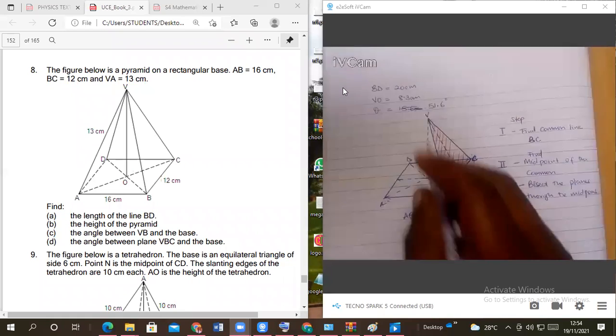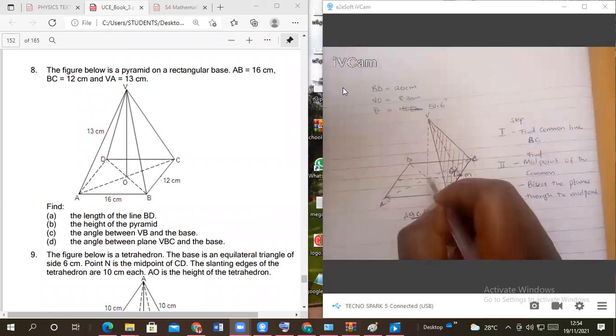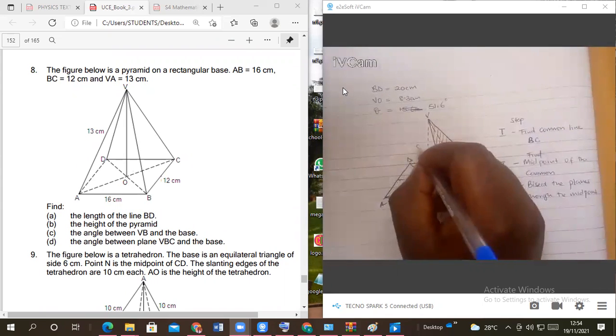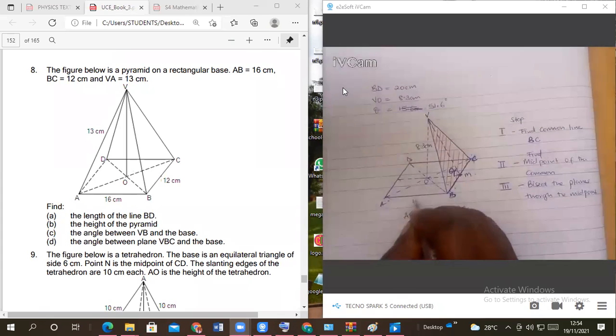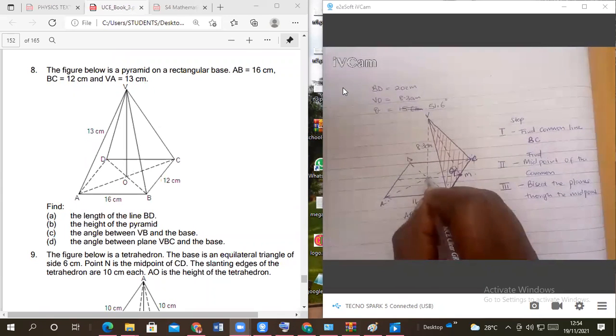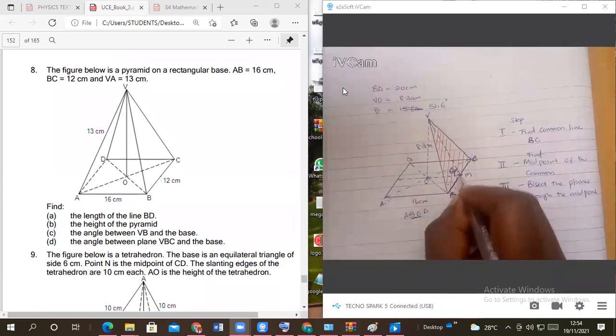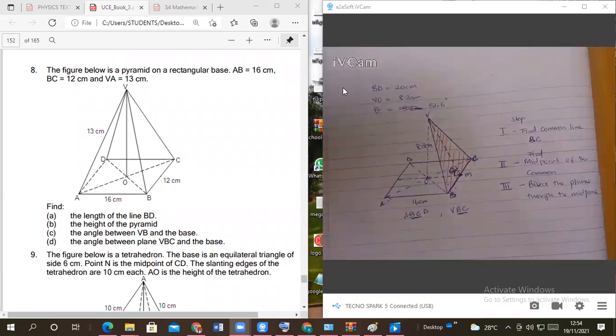You remember we found VO, and it was 8.3 centimeters. Now, if this distance is 16 centimeters, what is the distance from O to M? Letitia, what is the distance from O to M?